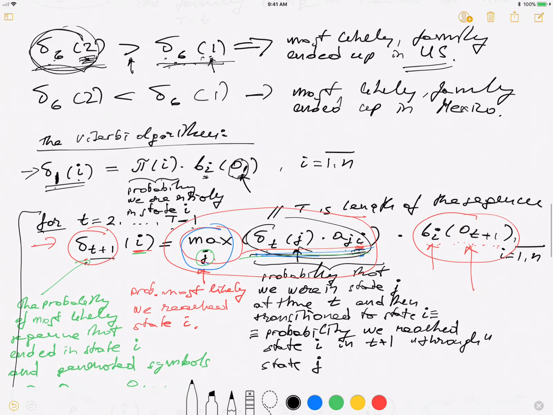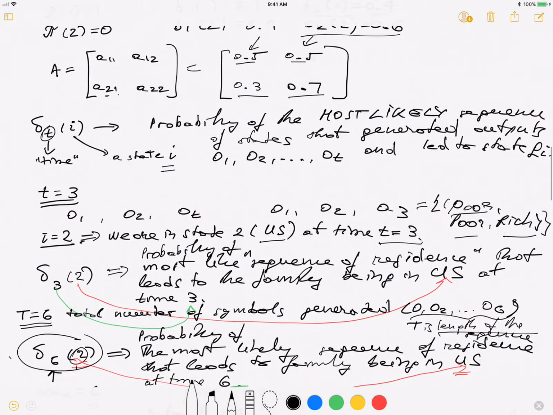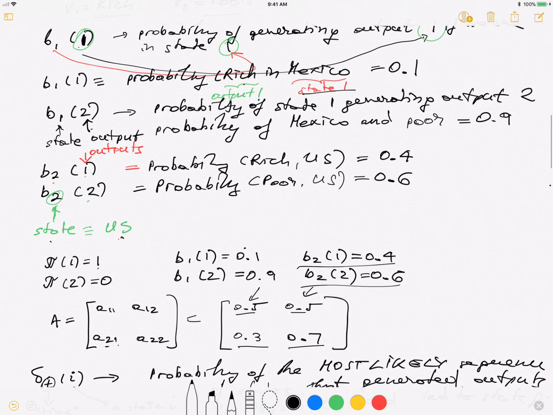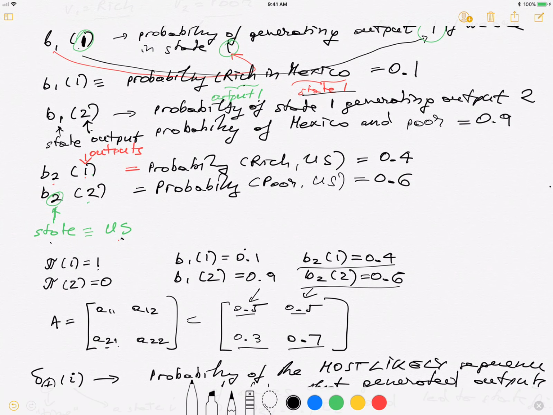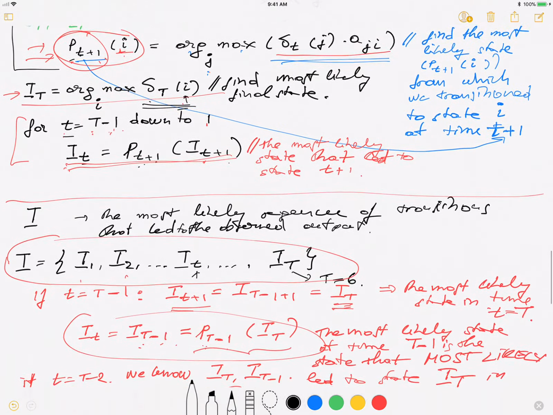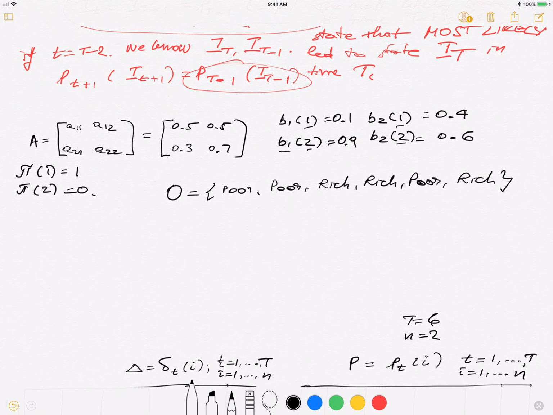Remember, for B's, this index indicates the states, and 1 and 2 indicate rich and poor. So 1 is rich and 2 is poor. So outputs would be 2, 2, 1, 1, 2, 1, 2 being poor, 1 being rich. So this would be my O.